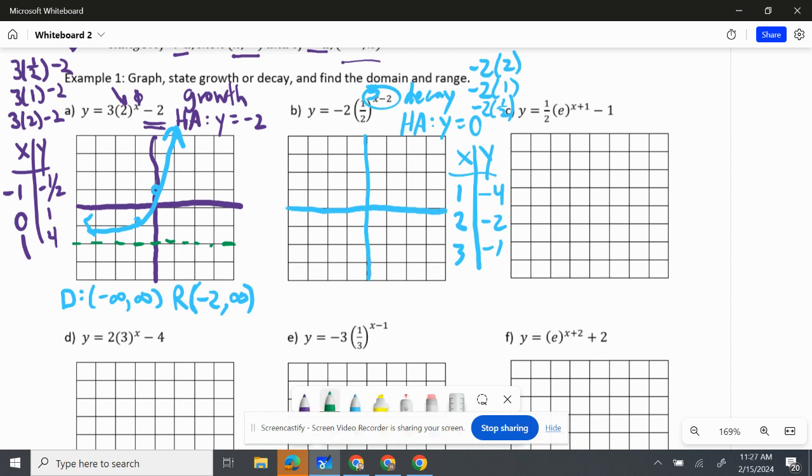We have our horizontal asymptote at 0. Our values are 1, 4 to -2. Oops. Let me redo that because those are negative values. So 1, -4, 2, -2, and 3, -1.